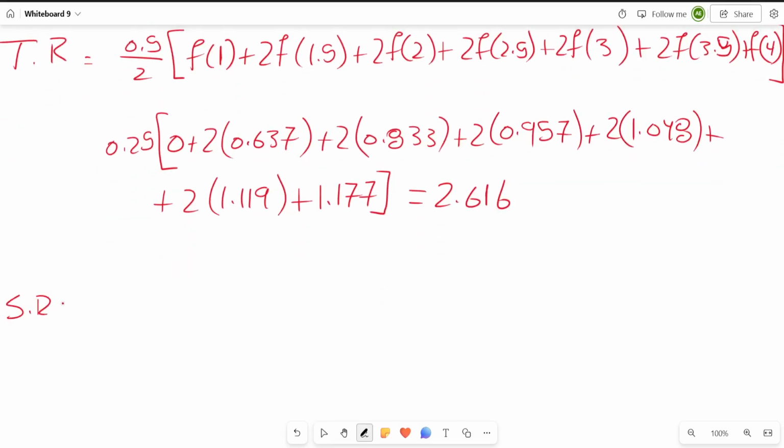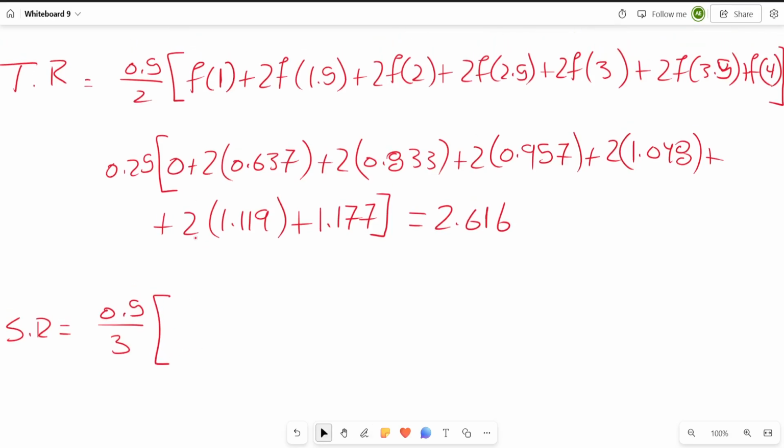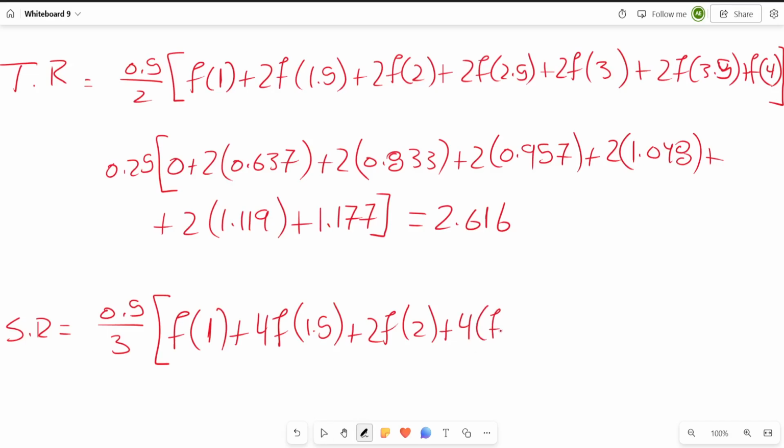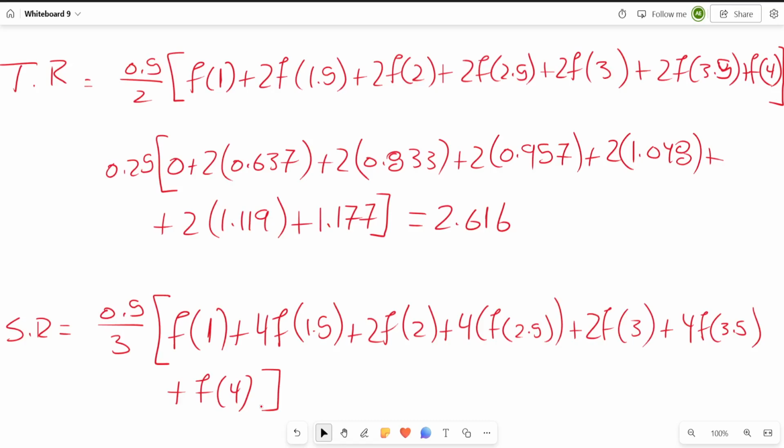So Simpson's rule is going to equal delta x, 0.5 over 3, times f of 1 plus 4 f of 1.5, and then I'll keep alternating, so 2 f of 2 plus 4 f of 2.5 plus 2 f of 3 plus 4 f of 3.5, and then when I reach the final one I will need to write it as f of 4 without any changes.